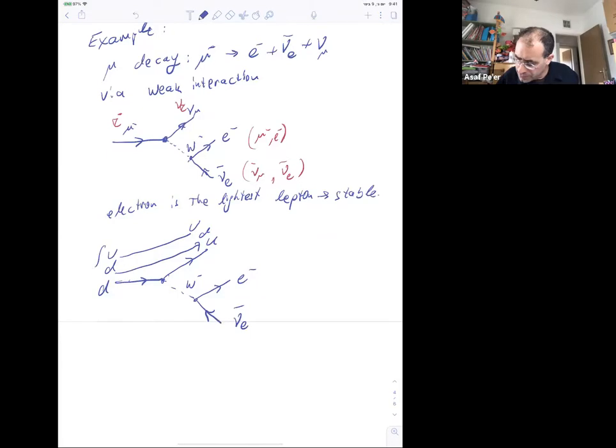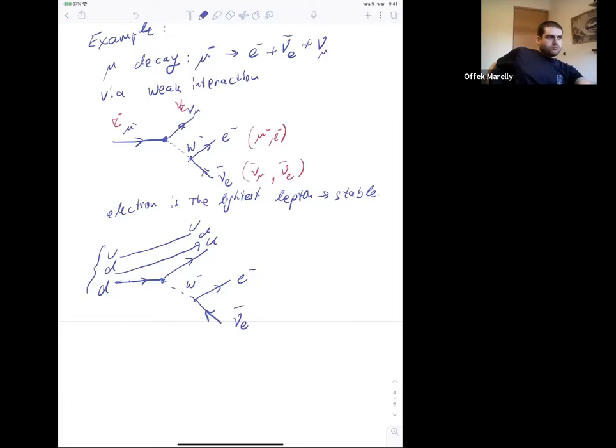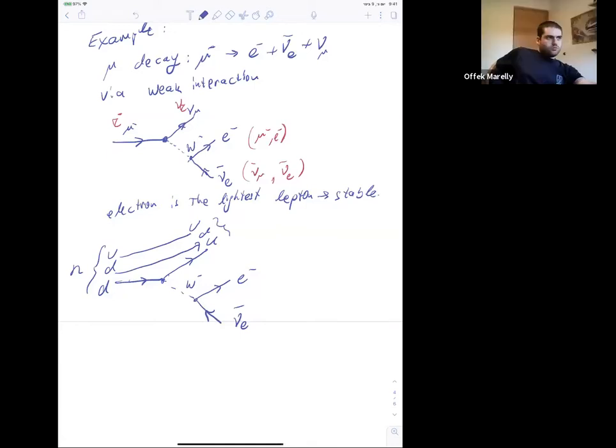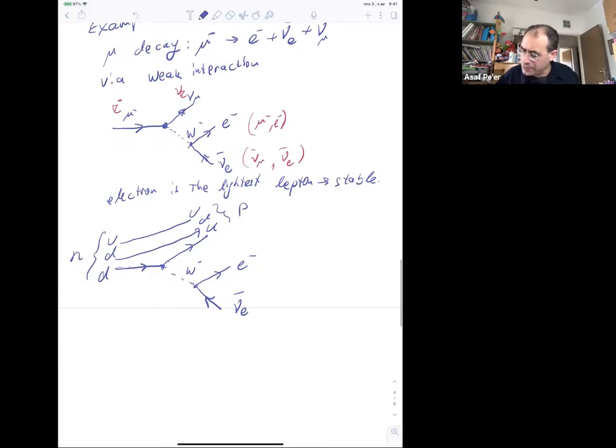If you remember, what is a combination of up, down, and down? Neutron, that's correct. And what is a combination of an up, down, and up? Proton, right? So what's really described here is that a neutron decays into a positively charged proton plus an electron plus an electron antineutrino, right?